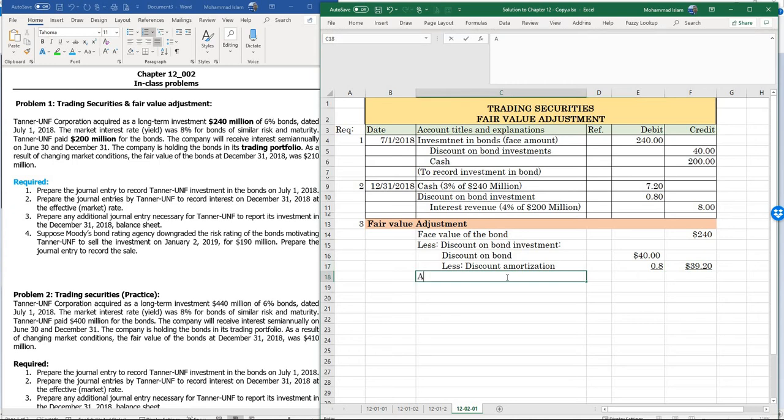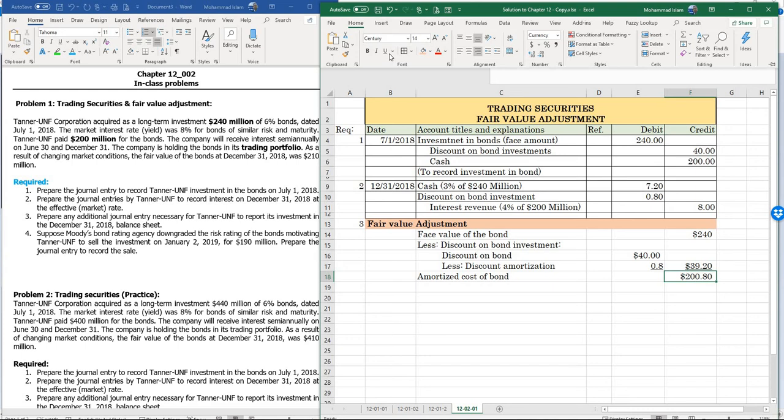After subtracting, we get the amortized cost of the bond, which is 240 less the discount, net of amortization. Let's close this.